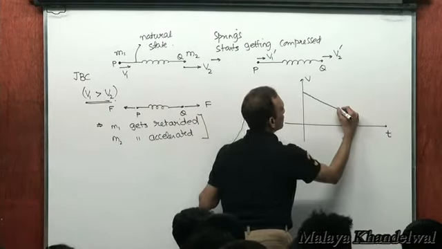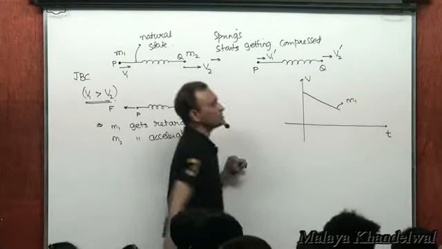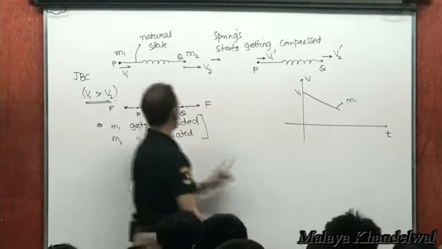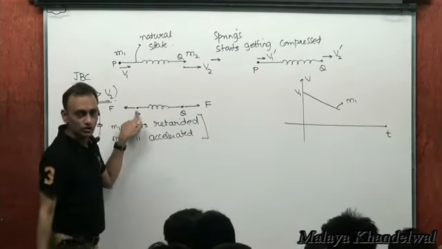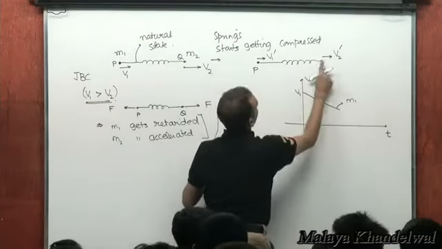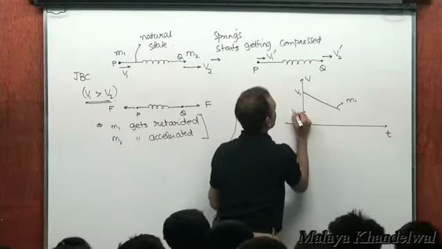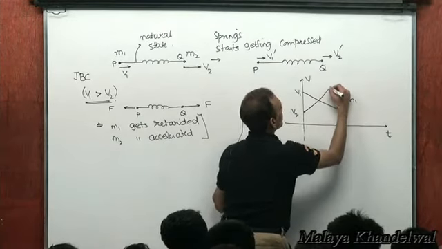It started with a velocity v1 and its velocity decreases because of this retarding force, right? The velocity of m2, because of this accelerating force, will increase.